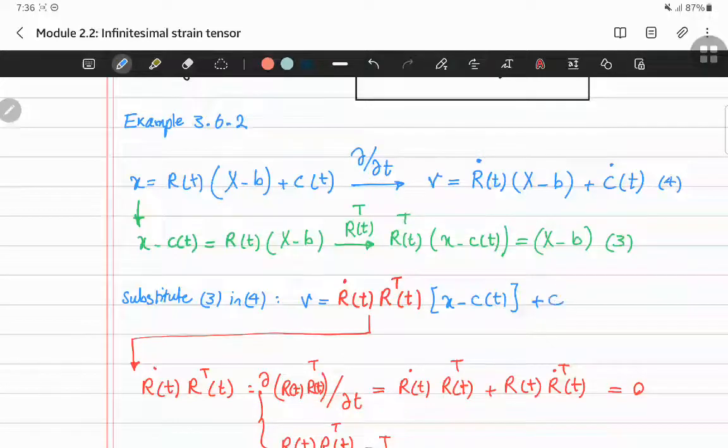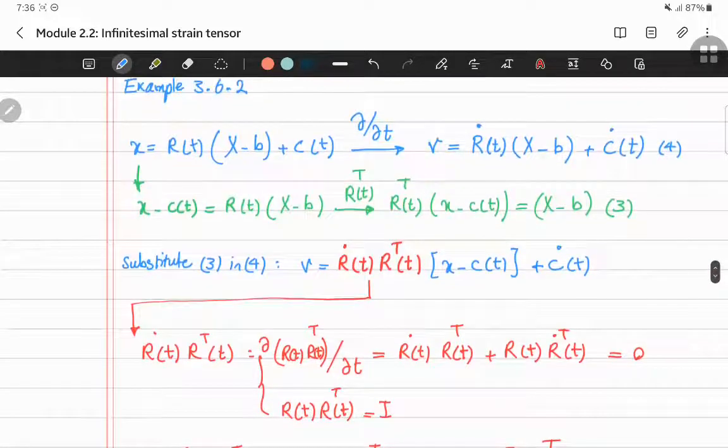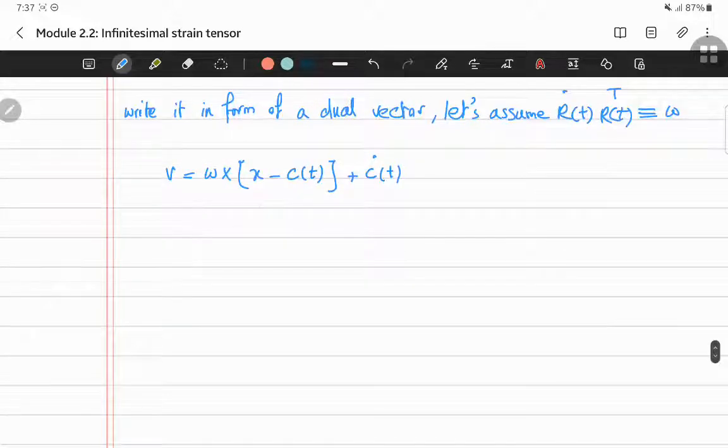Okay, this is minus or plus C dot T. And what is this? This can be written as R, for example. So we assume this is R, get omega cross R plus C dot T. This is the angular velocity, if you recall from dynamics.